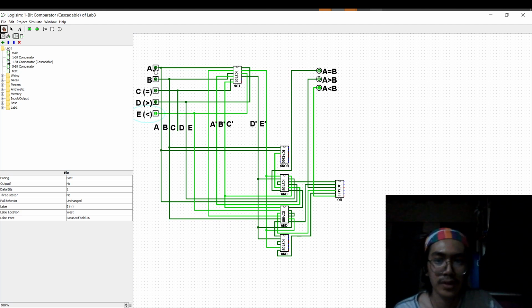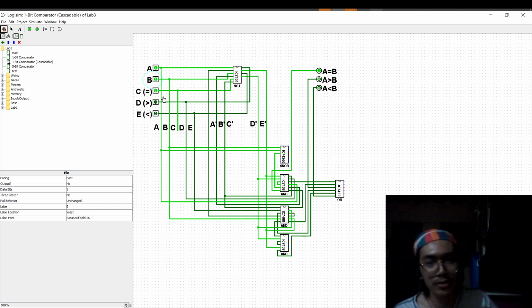If we change A and B, the output A is less than B doesn't change. But in the case of equal right here, if we change the input of A and B, the output also changes, because the previous comparator said that the previous two bits are equal. So we need to compare them again.